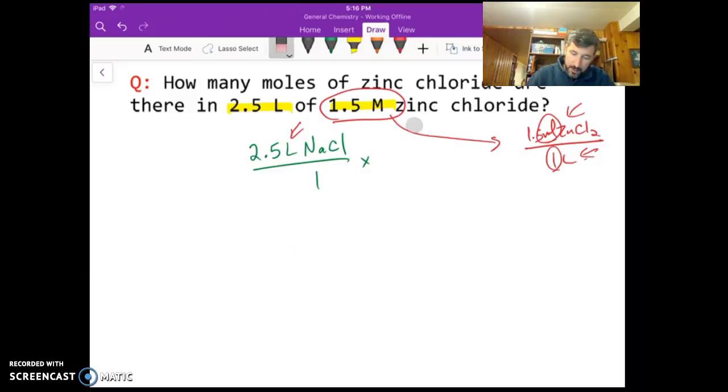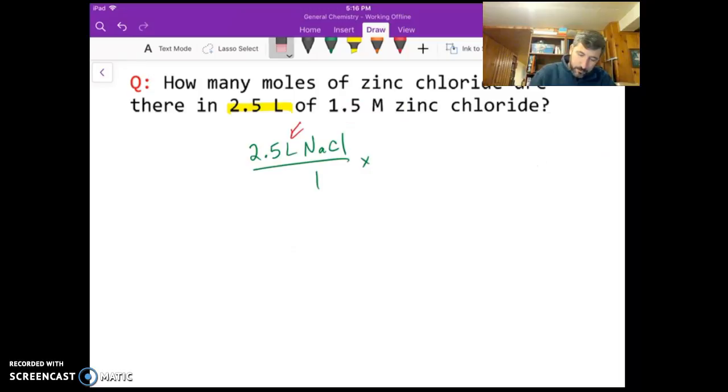So let me get that out of the way so I can finish my problem. So now I'm going to go from the unit that I have, liters of ZnCl2, to moles. All right. Now, do you remember? You can always rewind and watch it again. What values do you think we're going to put next to moles and liters?